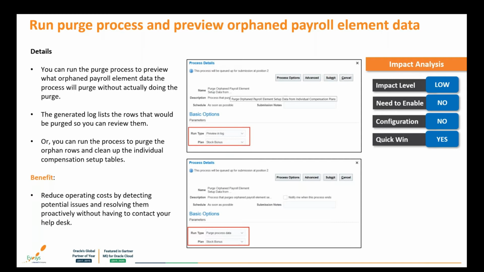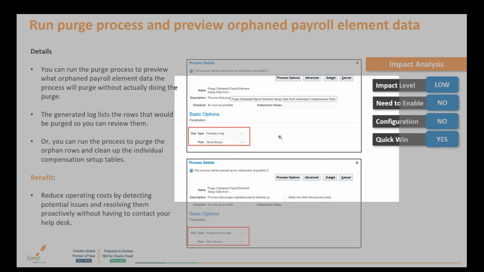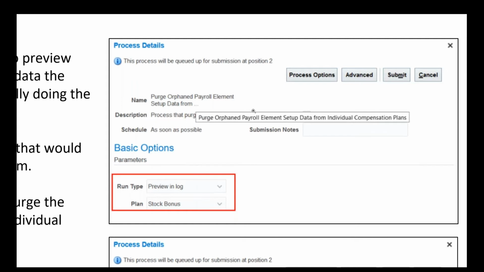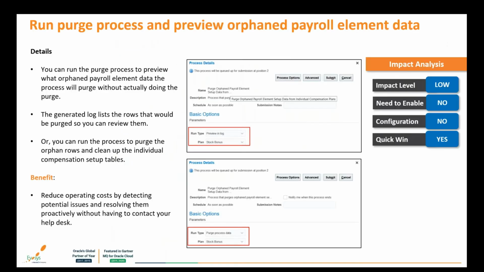As you can see here, you can select the run type as preview in log, select the plan, and simply submit the process. This way, you can resolve issues proactively without the need to reach help desk.